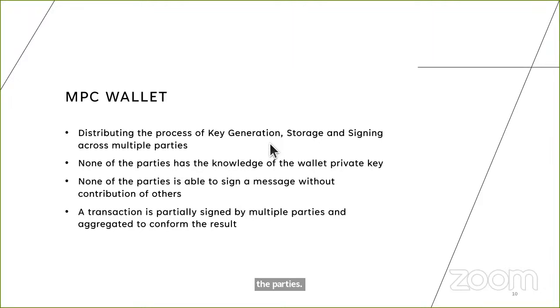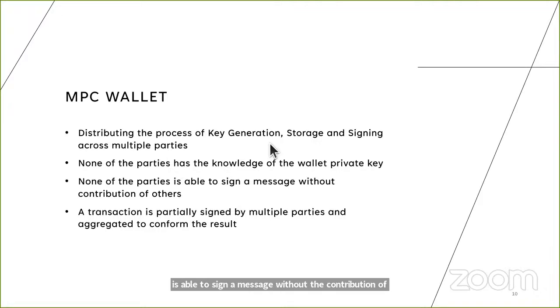And secondly, none of them is able to sign a message without the contribution of others. So that means that each party has partial information of the wallet key, and none of them can acquire the whole information of the private key. And none of them is able to sign a message without the contribution of others.